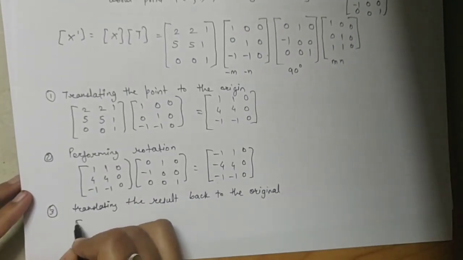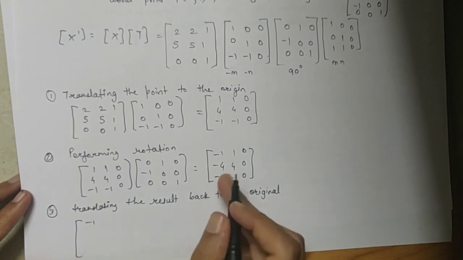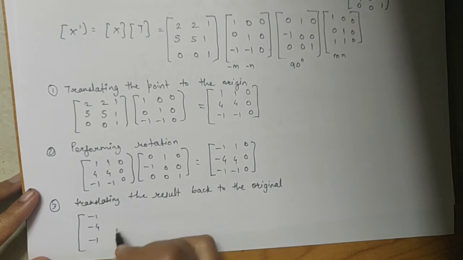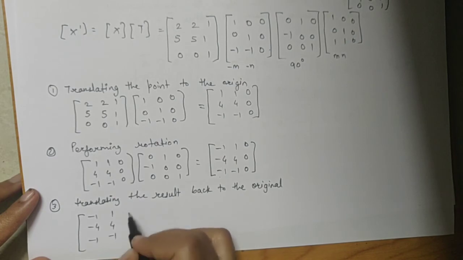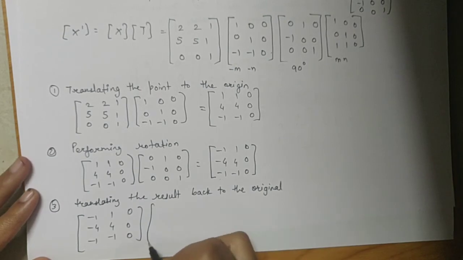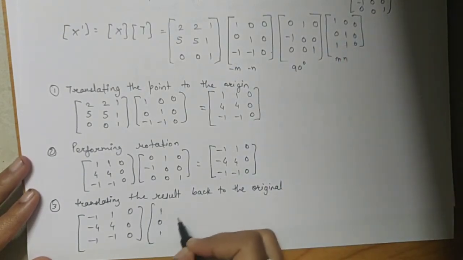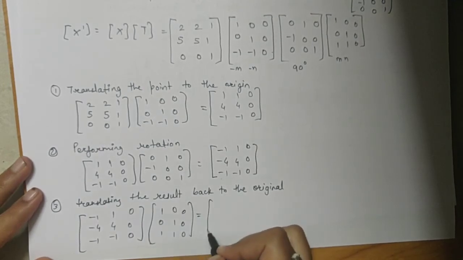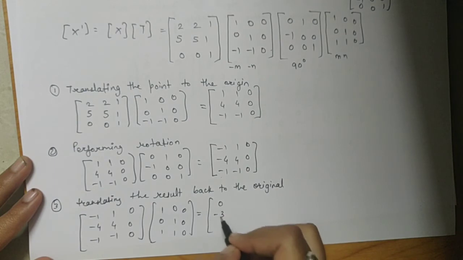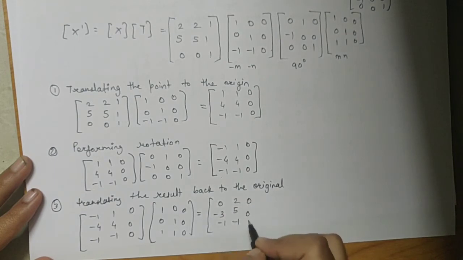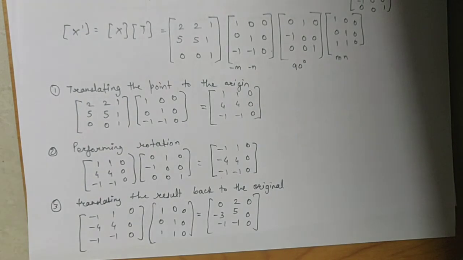I take this rotation result, minus 1, minus 4, minus 1; 1, 4, minus 1; 0, 0, 0, and the last matrix, 1, 0, 1; 0, 1, 1; 0, 0, 0. Now my output will be 0, minus 3, minus 1; 2, 5, minus 1; 0, 0, 0. So this is my answer.